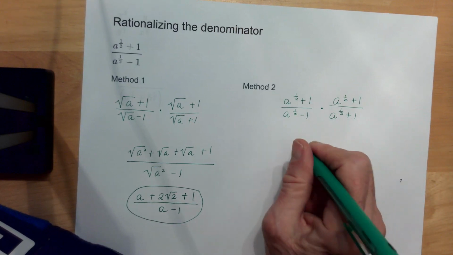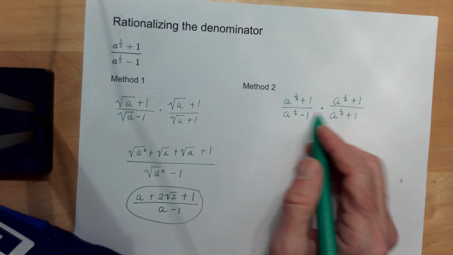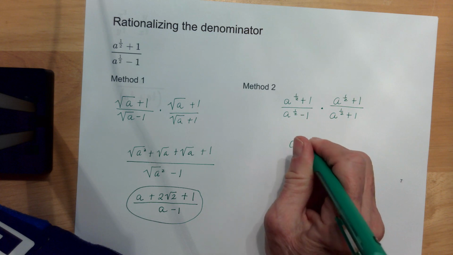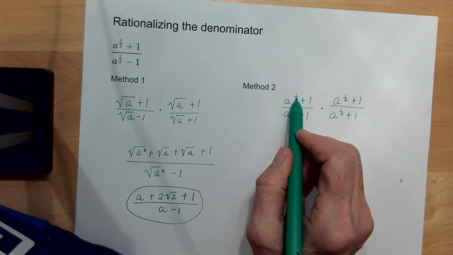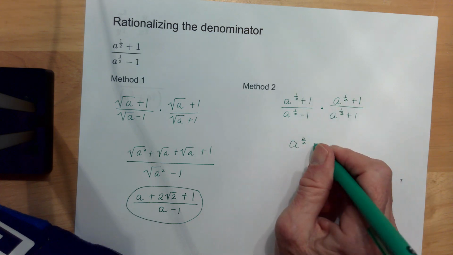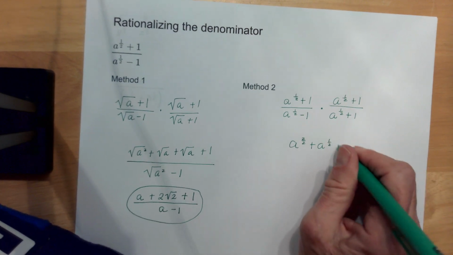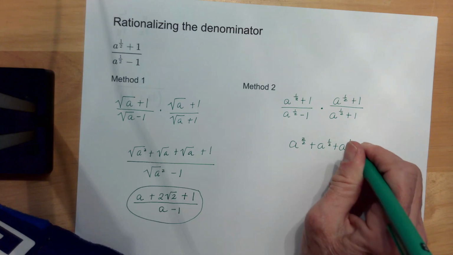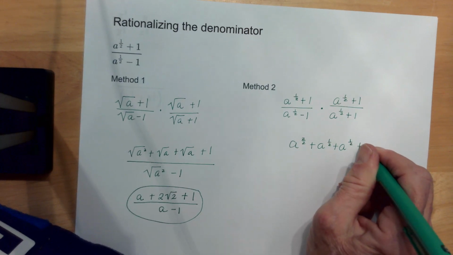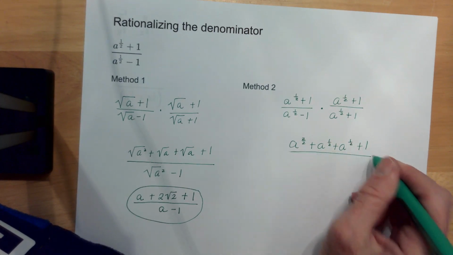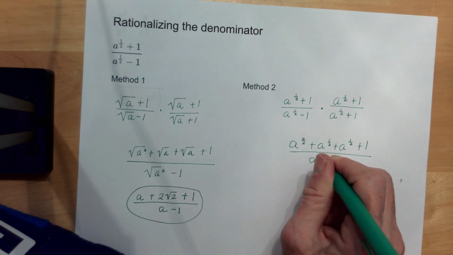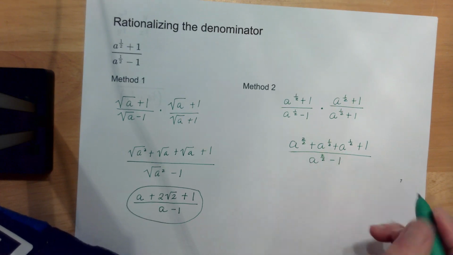On the top I have to FOIL, so I have this times this, which is an a to the 2/2 power, because remember I have to add the exponents, plus a to the 1/2 plus a to the 1/2 plus 1 over a to the 2/2 power minus 1.